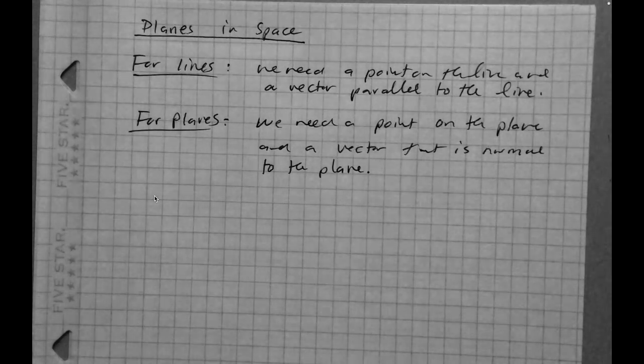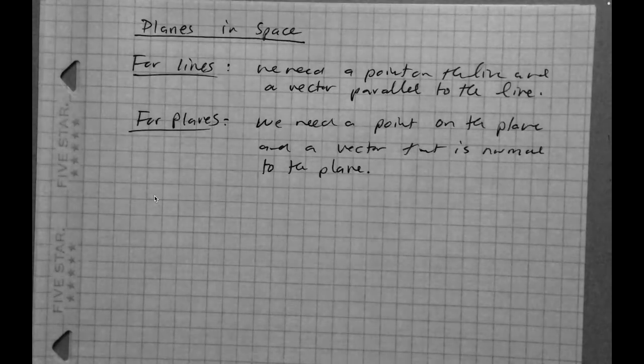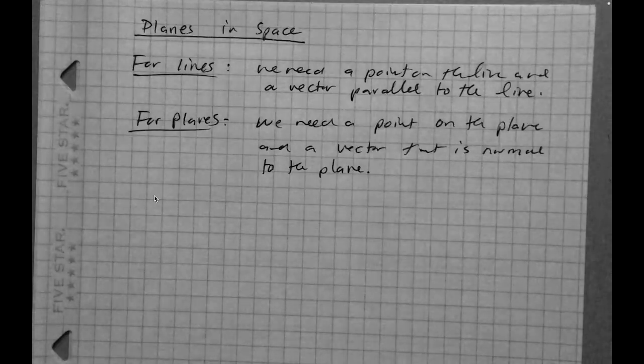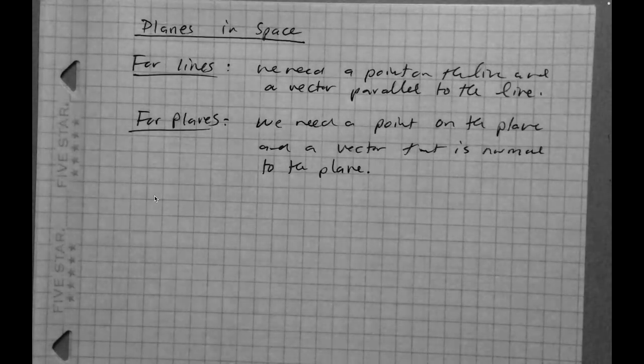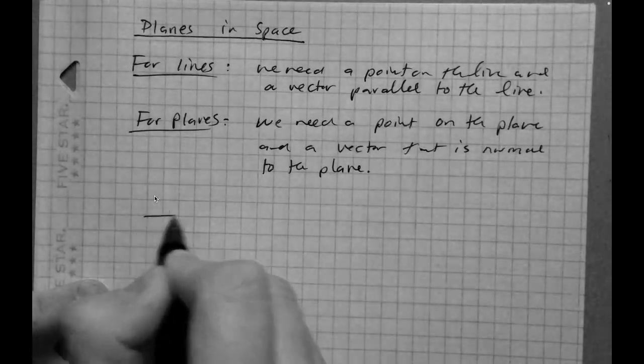Now, that may seem like an interesting combination of things to need in order to describe a plane. The normal vector in particular, when you first come across that, you may think, why? How's that going to work? It's actually rather ingenious. So let's draw a picture and see how this all works out. Let me try to draw a plane first.